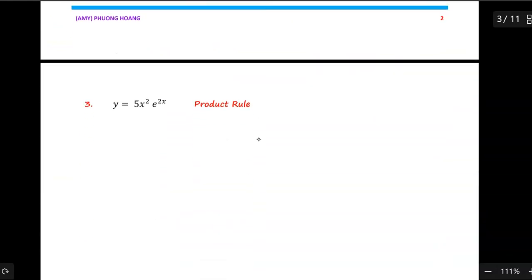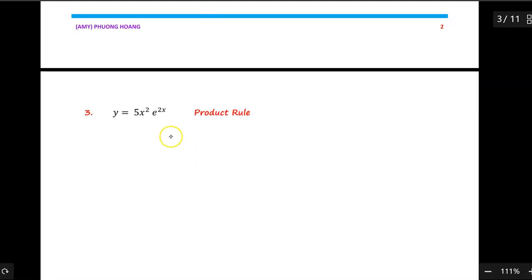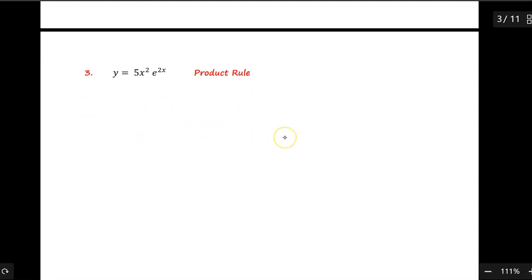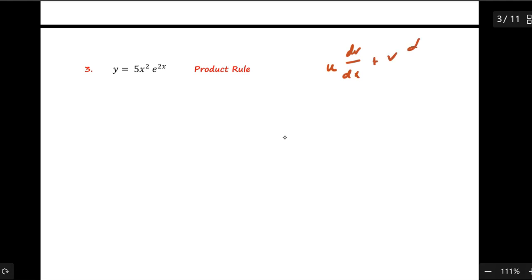Okay, this question I have here is a product rule, as I indicated to everyone, because you have a function of 5 times x squared, and then you multiply that with e raised to exponent 2x. So in this case, the product rule said this: you are going to write u times dv over dx plus v times du over dx.